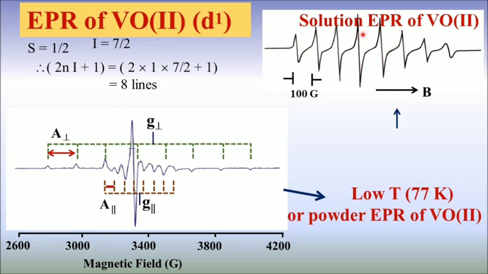In the case of solution EPR, it is isotropic because of tumbling motion. The spectrum obtained is isotropic, whereas the spectrum obtained in powder EPR at low temperature, or solution at low temperature, is anisotropic because of the orientation of the molecules at low temperature.